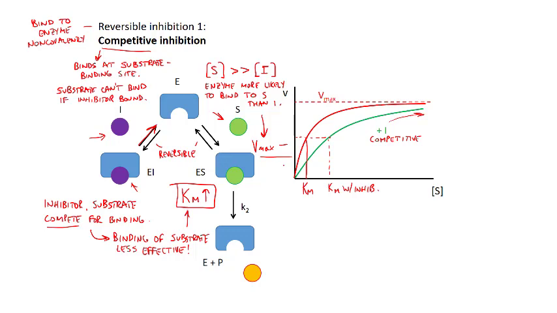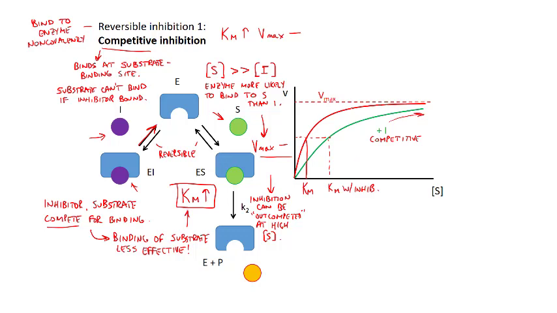Another way of putting that is that the inhibition can be overcome or outcompeted at high substrate concentrations. You have the same Vmax. All right, so to summarize, Km goes up, Vmax does not change.